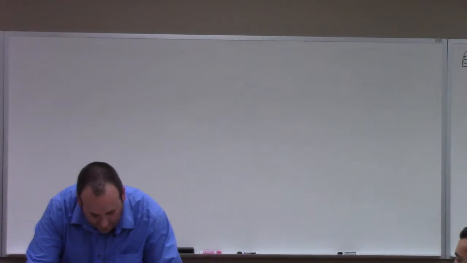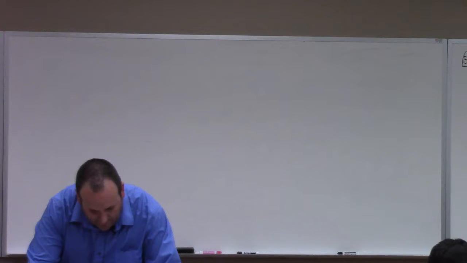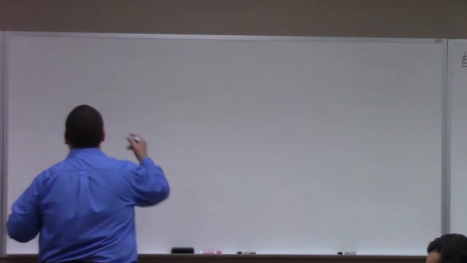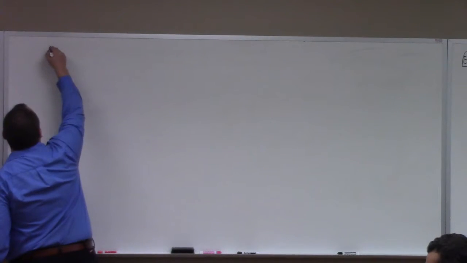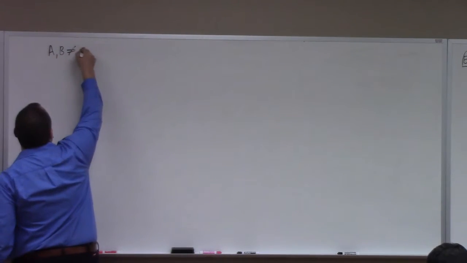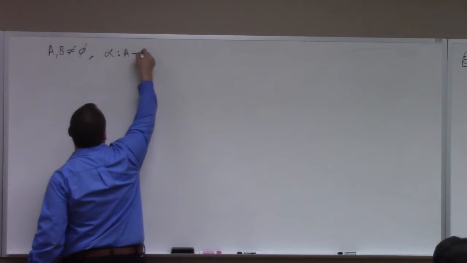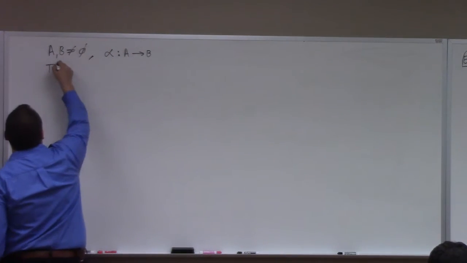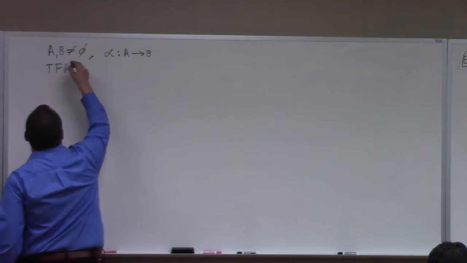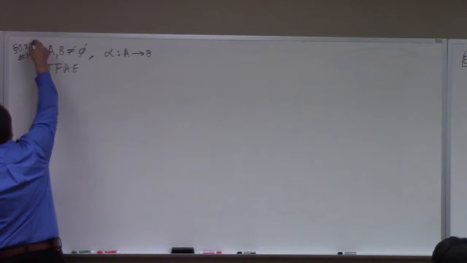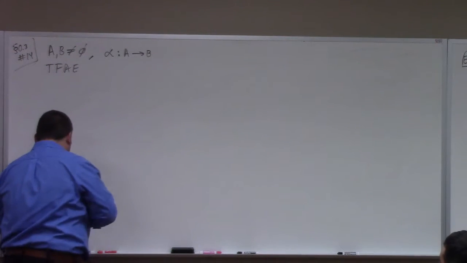So we're supposed to show the following conditions are equivalent for a mapping alpha from A to B, where A and B are non-empty. So we have A, B non-empty, alpha a mapping from A to B. Allegedly, the following are equivalent. Now this is 0.3, number 14, one of the exercises I assigned you guys for training.